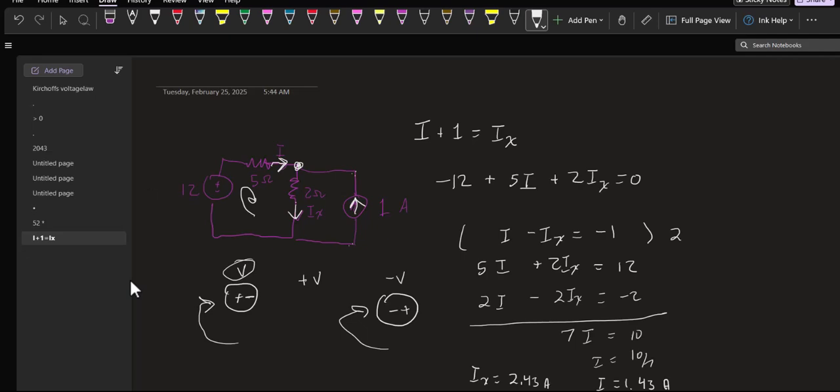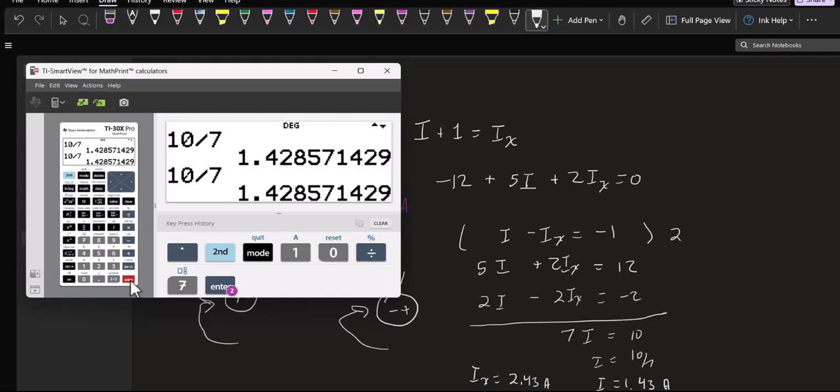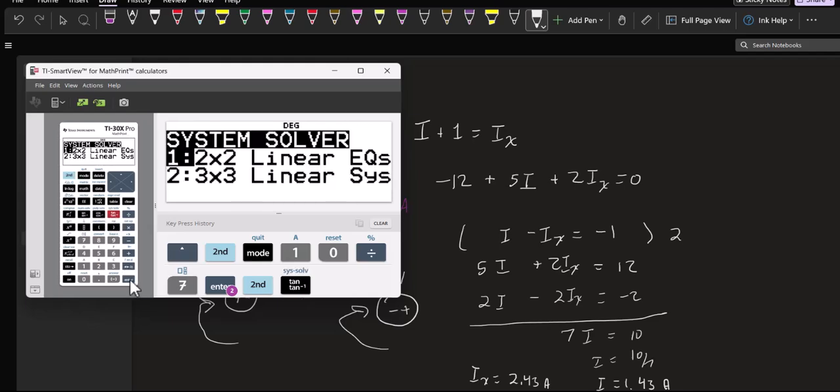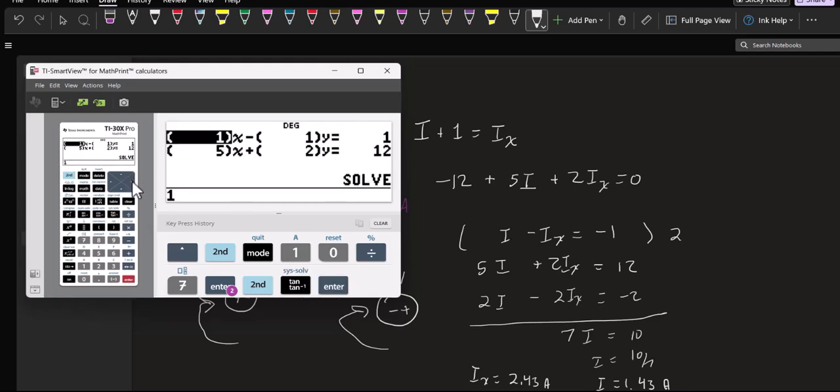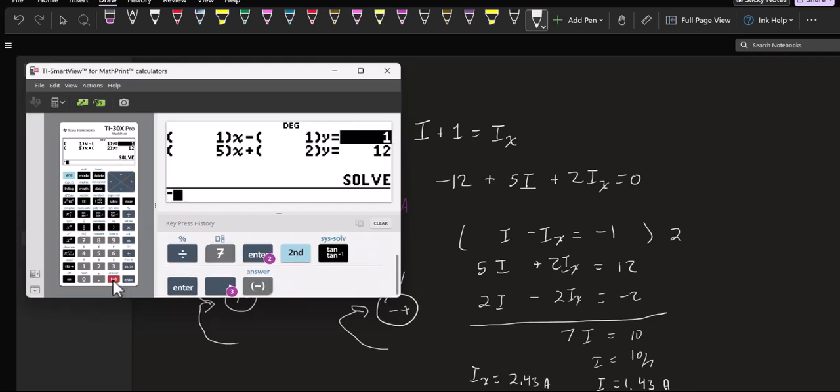Now, just to show you that this would have worked if I had done it correctly, if I go to the calculator and I go to solve those equations, and I put in a negative 1 right there.